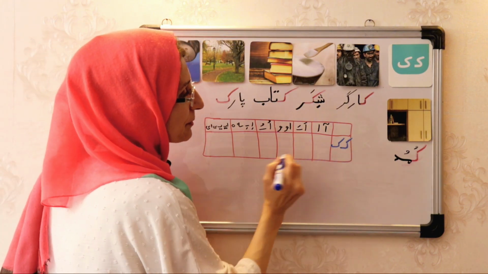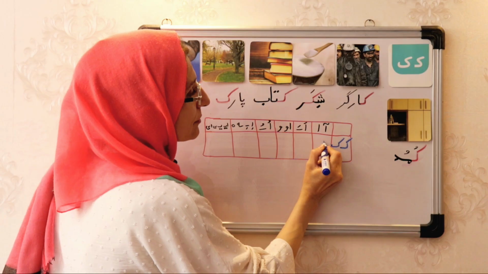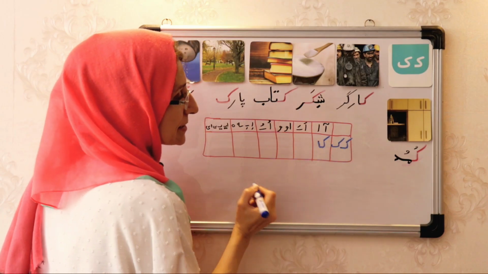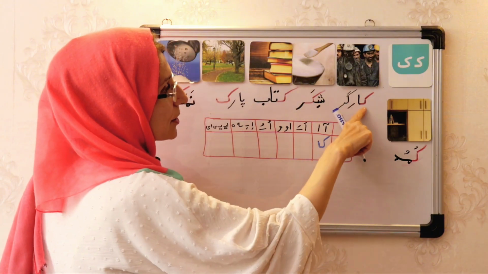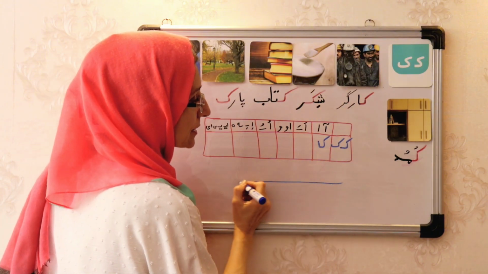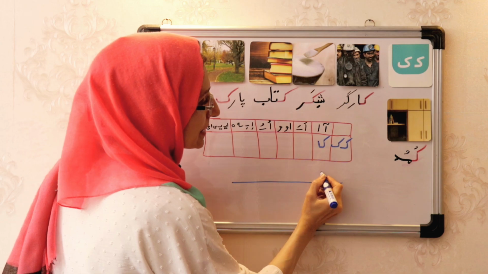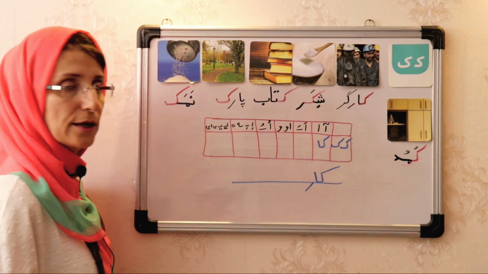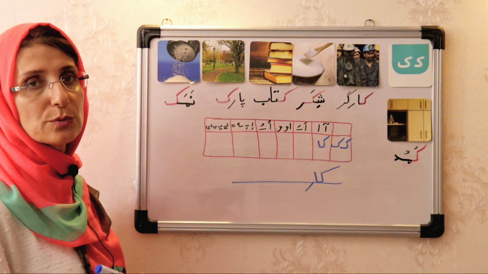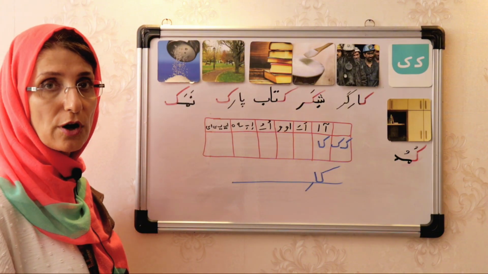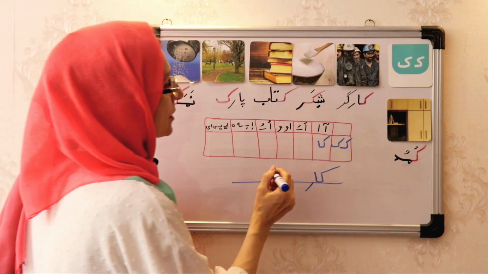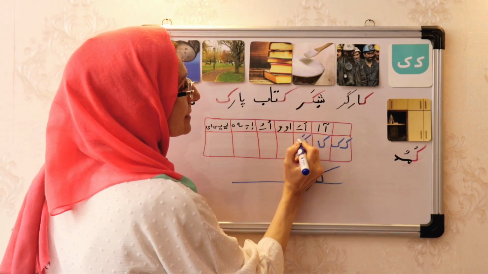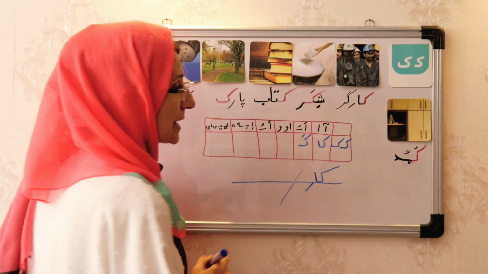If we make friendship between K and A, what do we have? Write the whole word, the whole form, then this line. Ka, like کار. Kar in Persian is work and also job. K and A is ka.